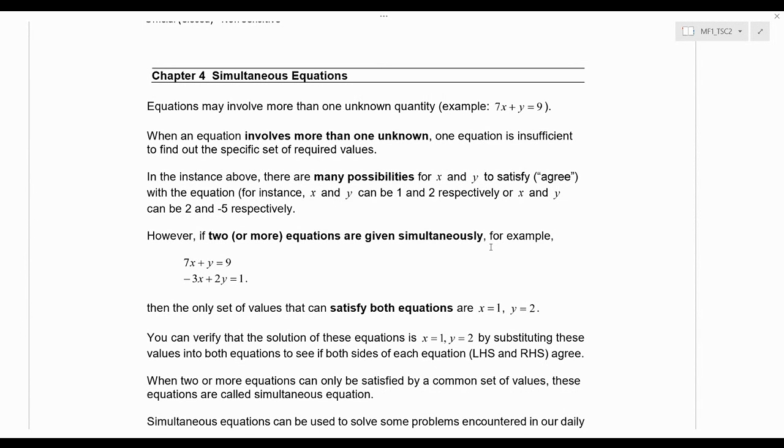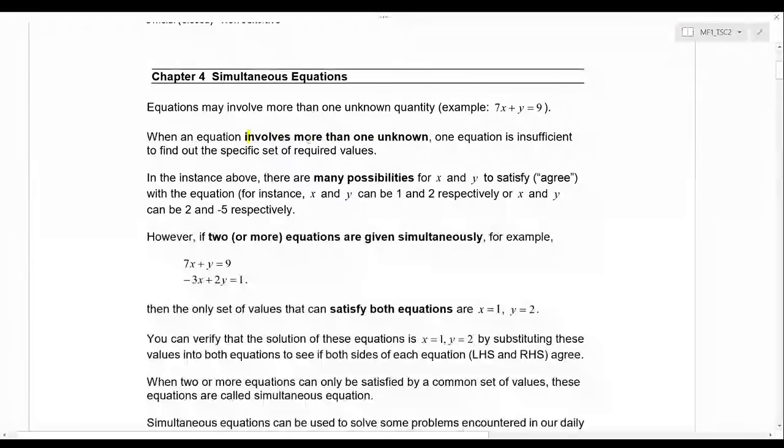Okay, so for all equations, when we solve, if there is more than one unknown variable, then we need to look at the number of equations to see whether we could solve the variables or not.